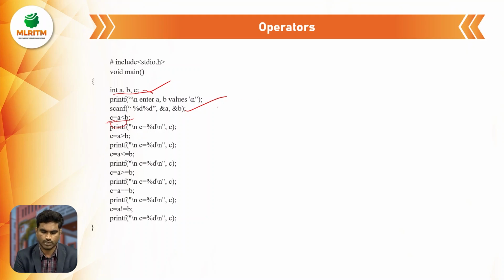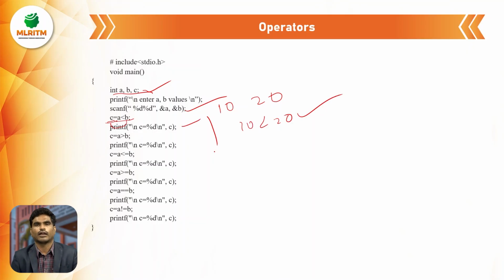Here, for example, I am taking the a value as 10 and the b value as 20. 10 less than 20. This condition is true, so the result is 1. After performing that operation, that value is stored in c, then we print the c value.